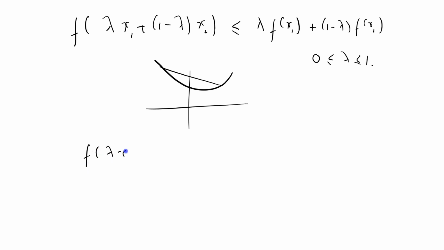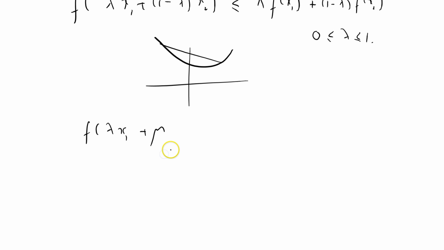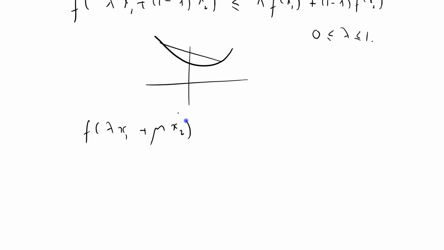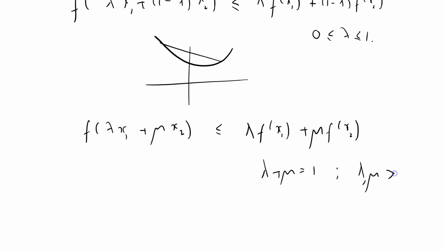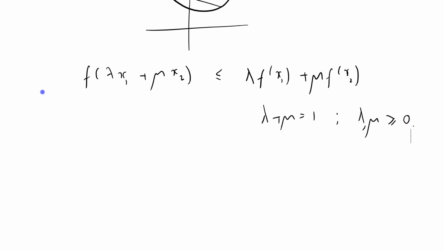F of lambda x1 plus mu x2 is less than or equal to lambda f of x1 plus mu f of x2, with the proviso that lambda plus mu equals 1, and lambda and mu are positive or non-negative, I guess.